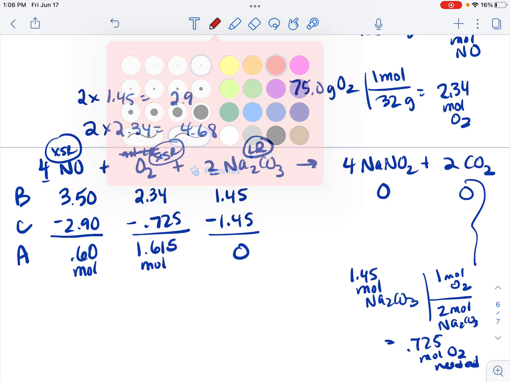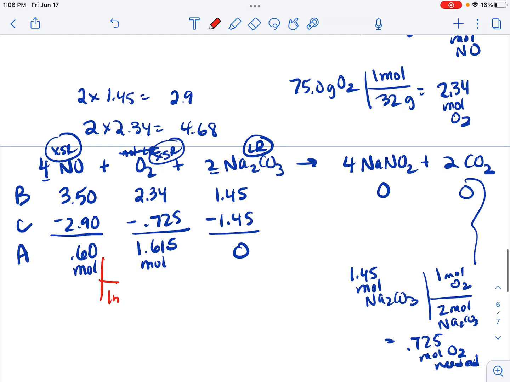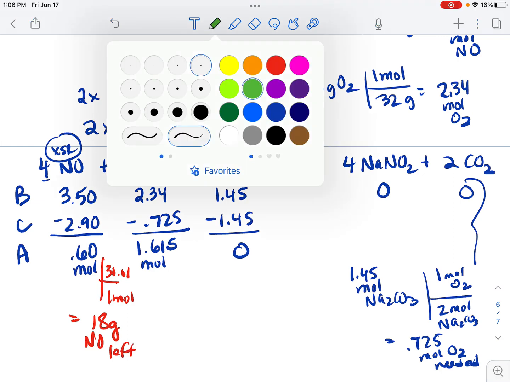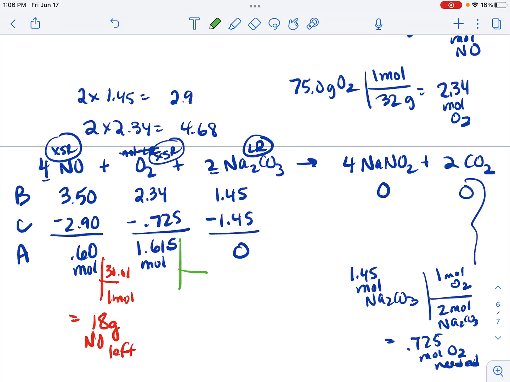So I can already answer in moles how much is left, which means this is really quick now because this is just going to be a quick conversion from moles to grams. 1 mole is 30.01 grams of NO, which comes out to 18 grams of NO left. And I can do it again for the oxygen.